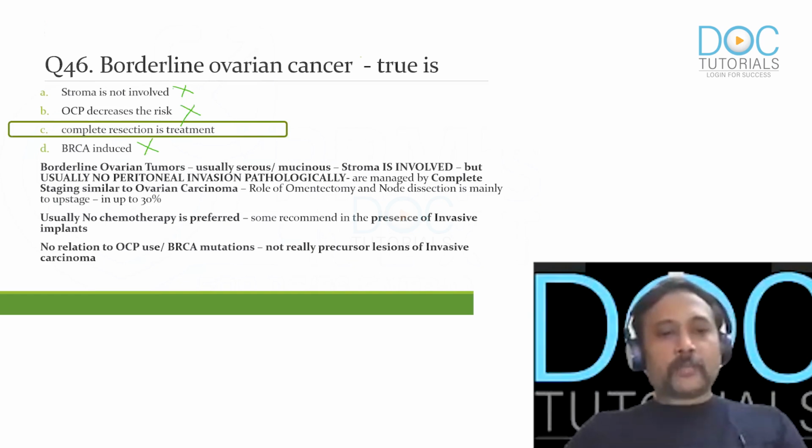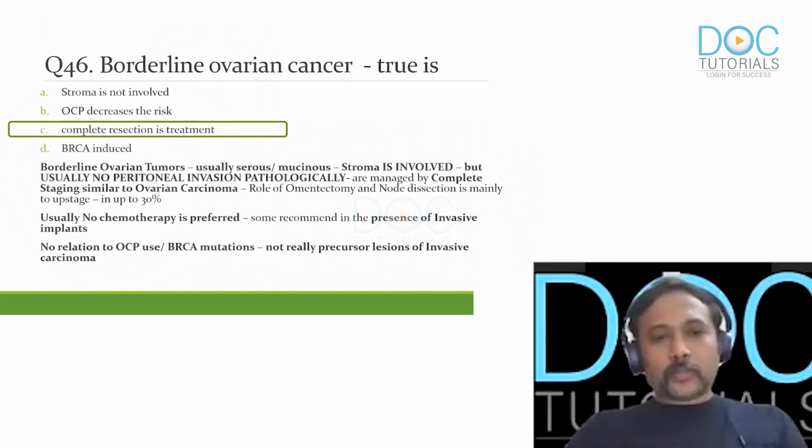Now, no chemotherapy is given, except in patients who have invasive disease elsewhere, and there is no relation to OC pill use, or to BRCA mutations. STIC is the only lesion which is going to be related to your BRCA mutations, and that lesion is a pre-invasive lesion which will again go on and develop into an ovarian carcinoma.